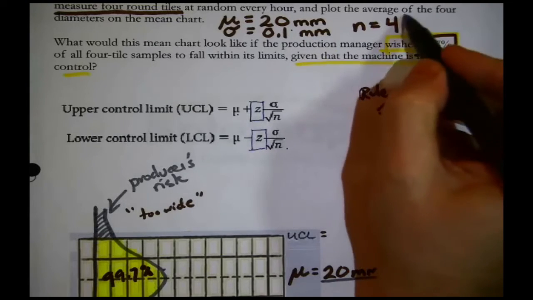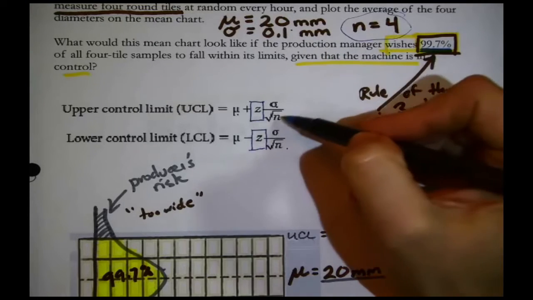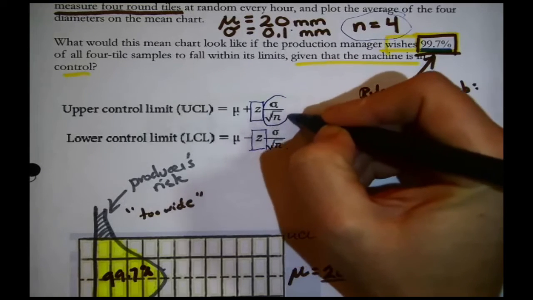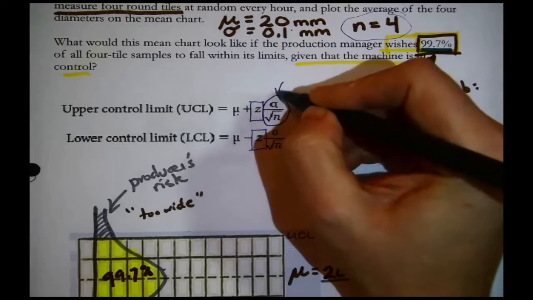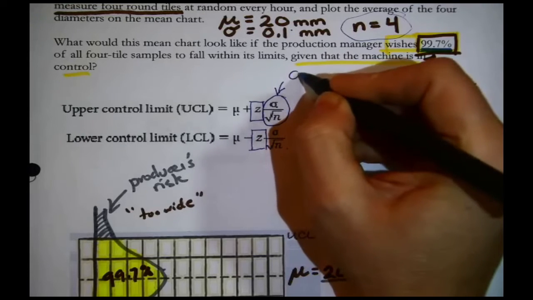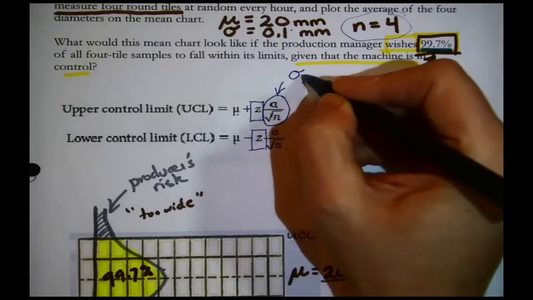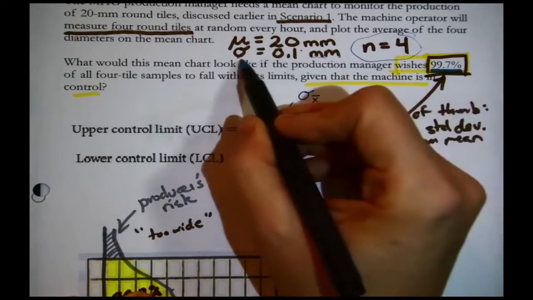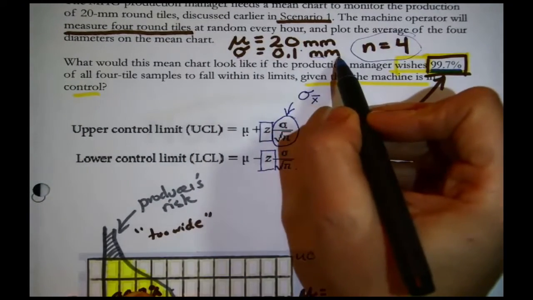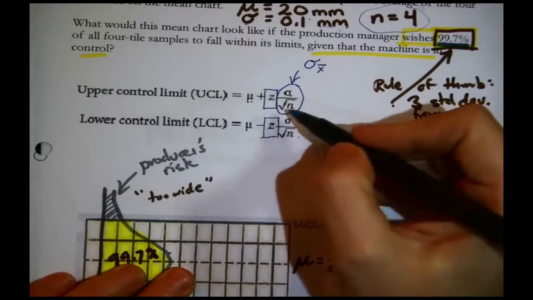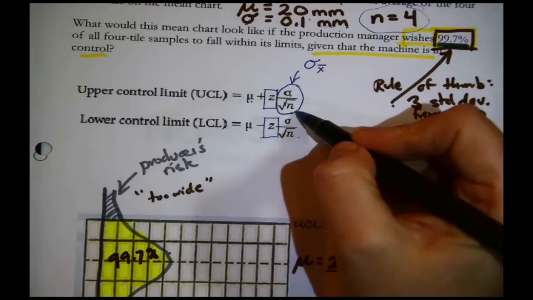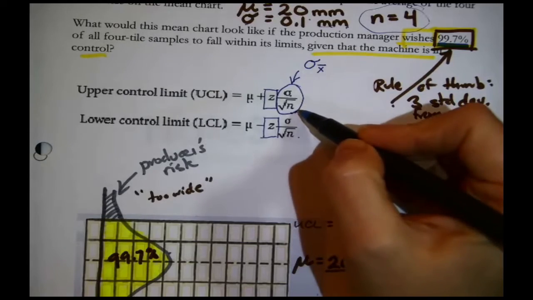And that's why I said it was really important to spot the size of the sample, because you can see it being used here, because this whole portion, by the way, of the formula is the standard deviation in the sample means. This is the standard deviation in the whole process, how much the individual tiles vary naturally. This is how much the samples of 4 vary when you compare their average diameters.